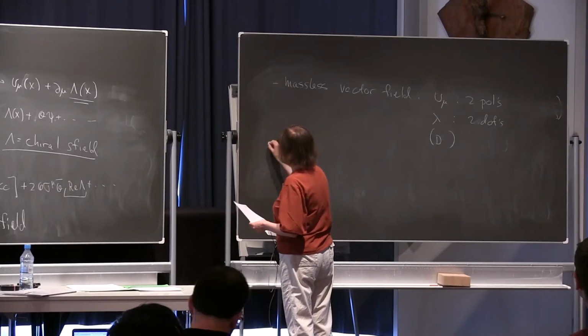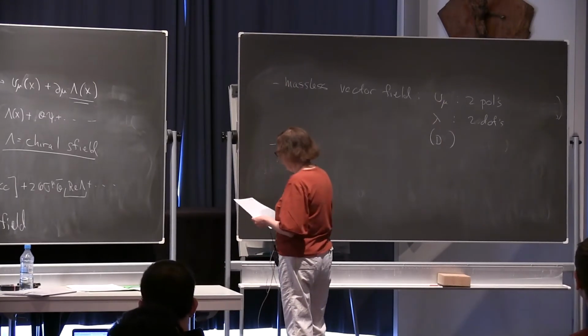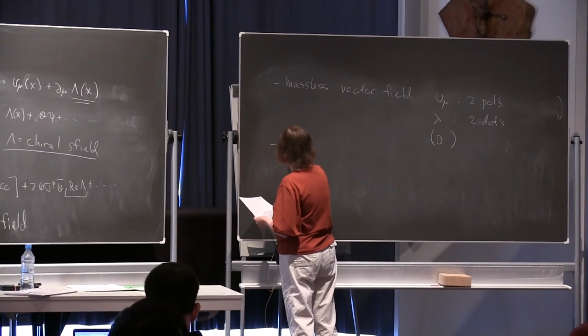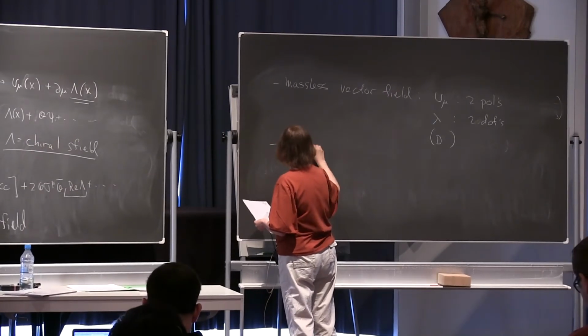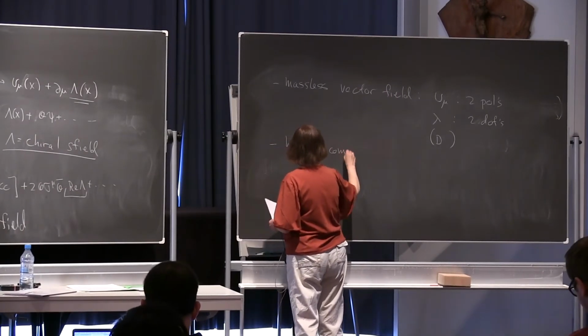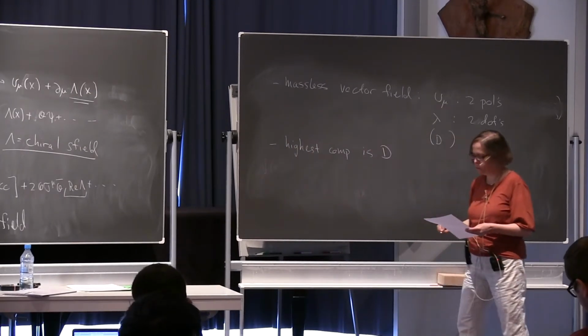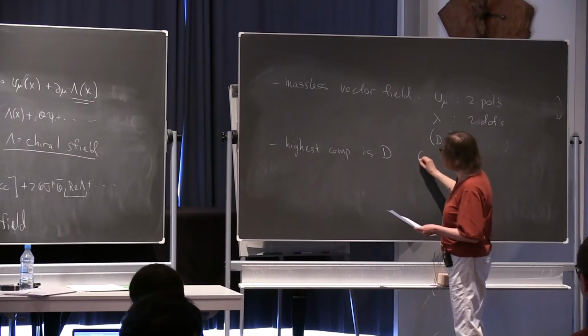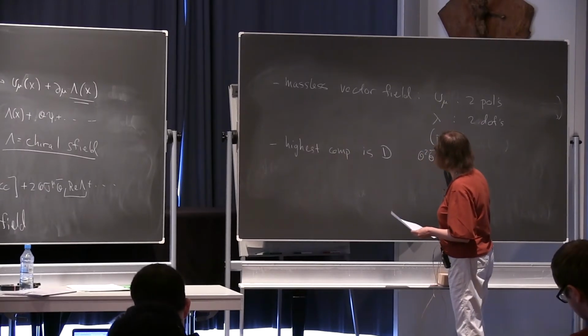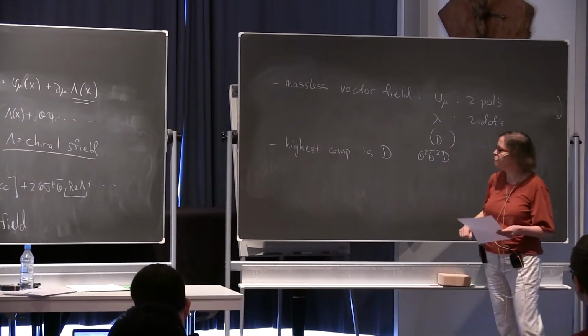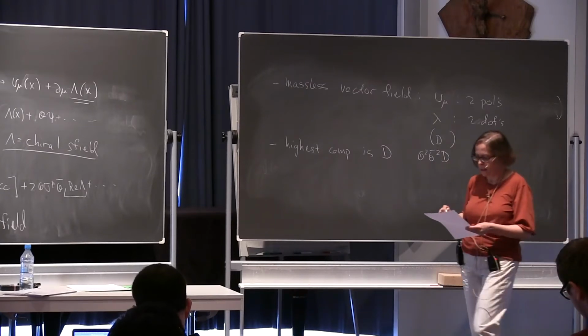And another thing that we notice is we said that the highest component is the auxiliary field D. And it's actually multiplying theta bar squared. It's really the highest component.